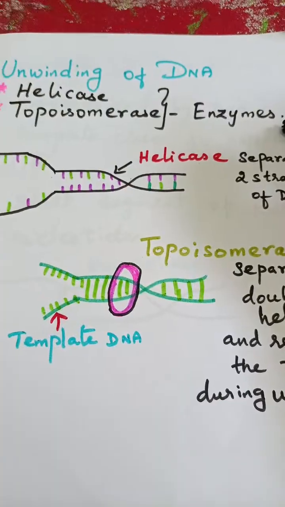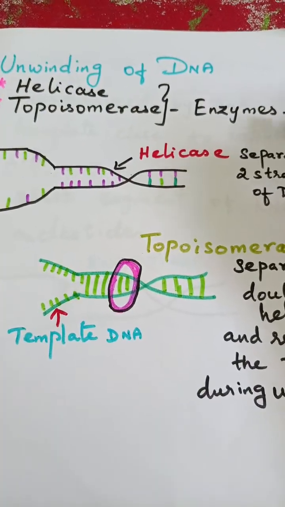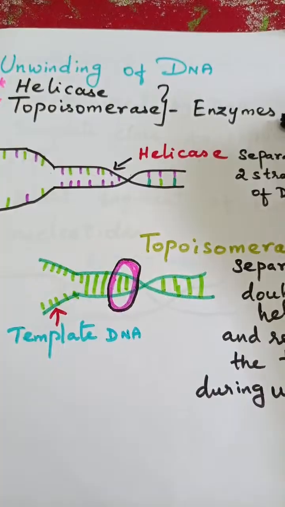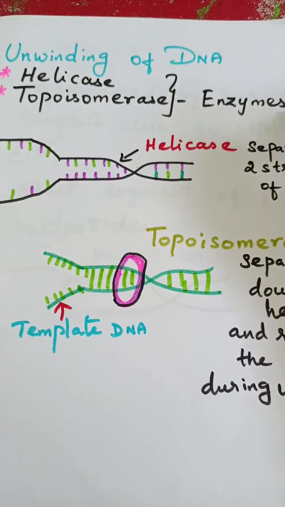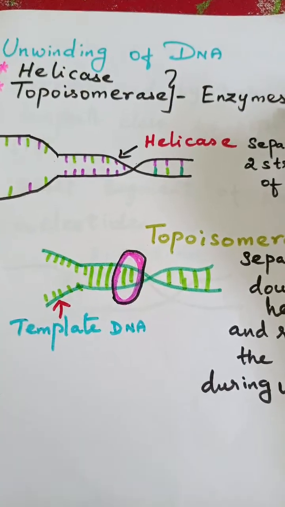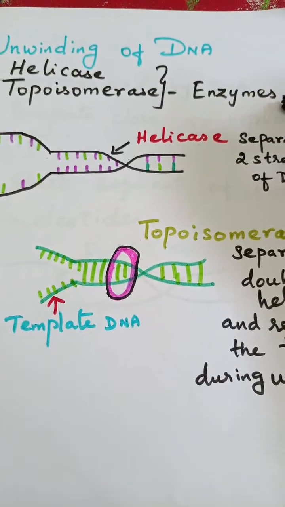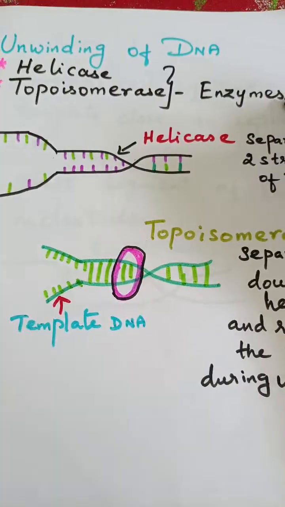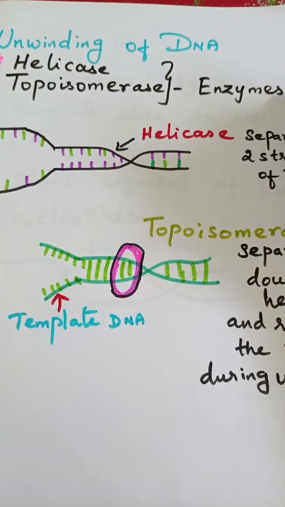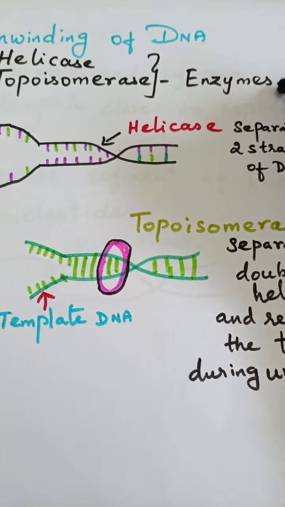They enhance any reaction, whether a chemical reaction which takes place in the living cell or in vitro. In vitro means in chemical labs also they use some enzymes to trigger and enhance their reaction. They do not take part in the reaction, but instead they speed up the reaction. That is the enzyme's role.